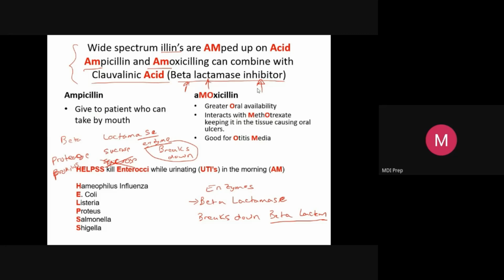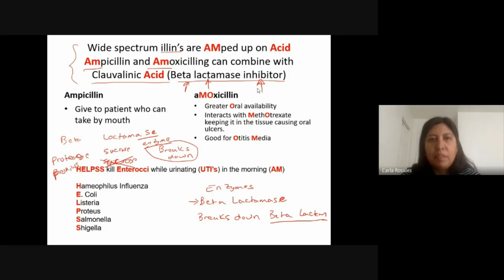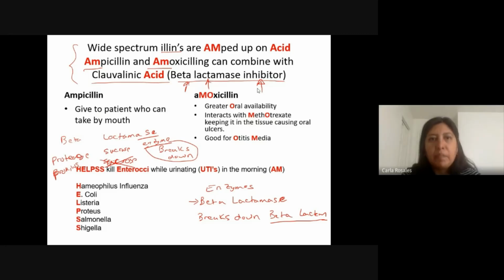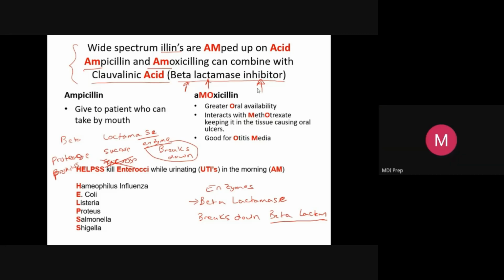Very good. The reason you have that is because some bacteria have gotten very smart, and they've started making or releasing beta-lactamase. When they release this beta-lactamase, they are destroying the penicillin.